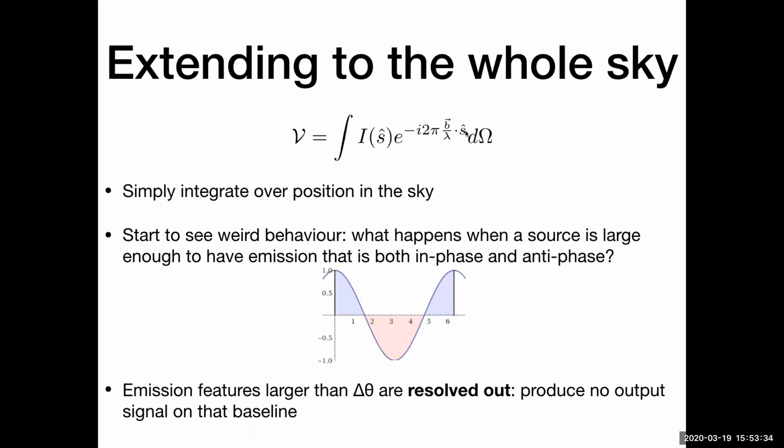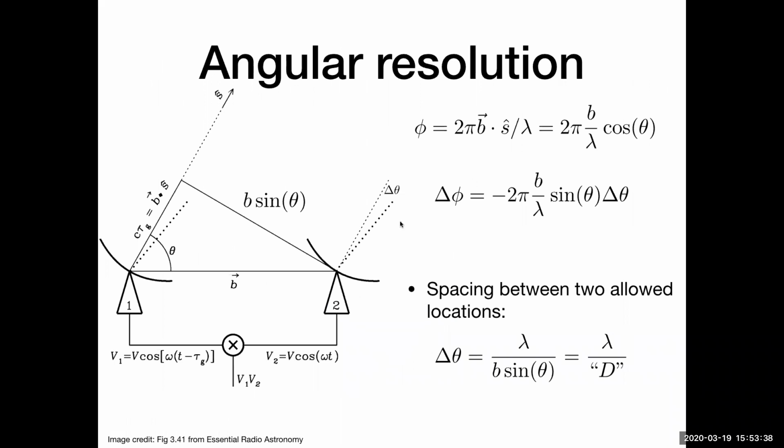So it comes down to this angular resolution criterion, where if you take this equation and set it equal to 2 pi, that tells you what baseline. Basically, you want this quantity to be less than 2 pi. So for any scale, any size, you just need a small enough baseline, effectively.